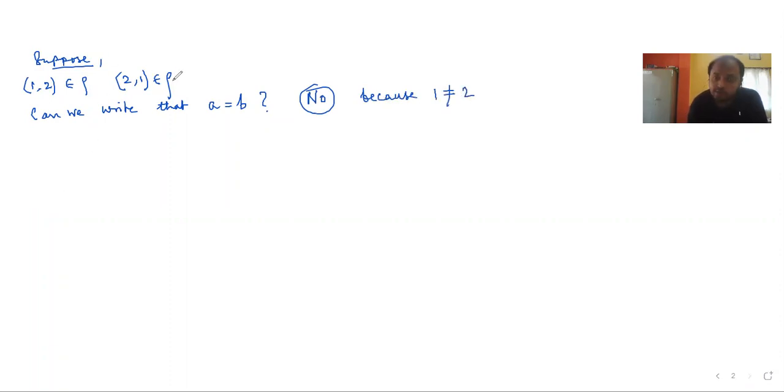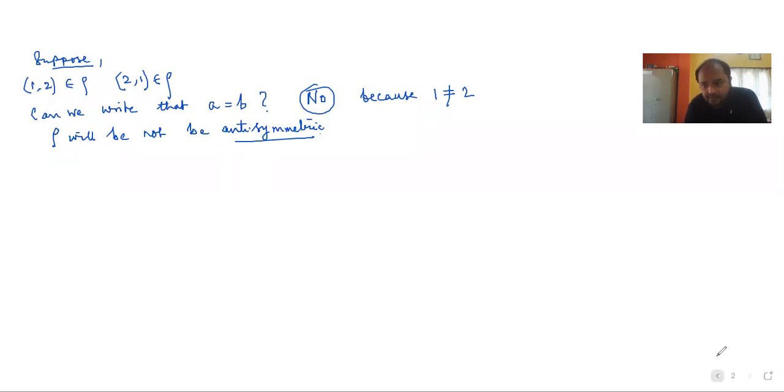Suppose (2,1) was present over here, and we want to check the property that (A,B) and (B,A) belonging to the relation implies A equals B. So suppose (1,2) and (2,1) both are present. We cannot write 1 equals 2, A equals B, because 1 is not equal to 2. And therefore rho will not be antisymmetric.